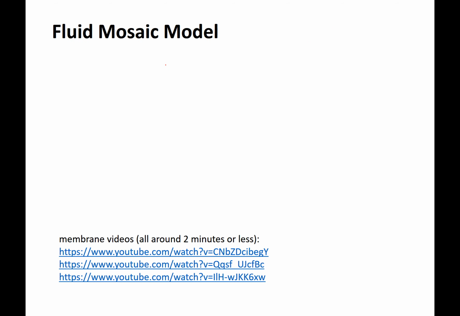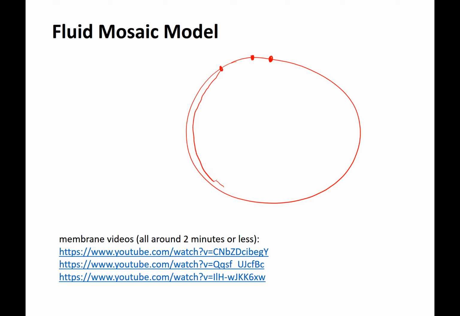And that brings us back to this concept of the fluid mosaic model, which just means that a membrane, so there's my cell and my red line's my membrane, and say these are different proteins in my phospholipid bilayer. I'm not going to be able to draw this. Okay, that's just getting too messy. And the fluid mosaic model means things can move around in a membrane.